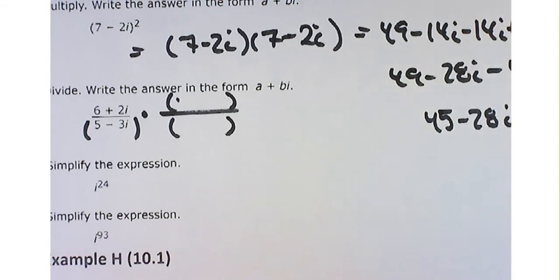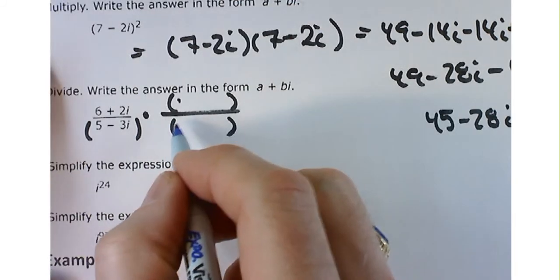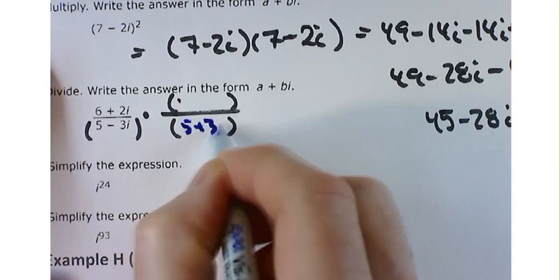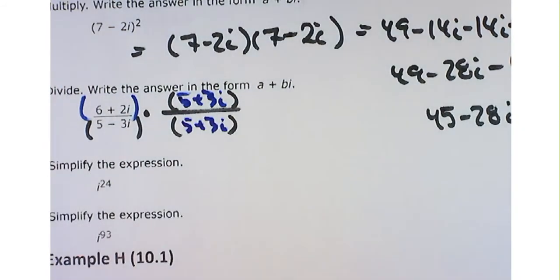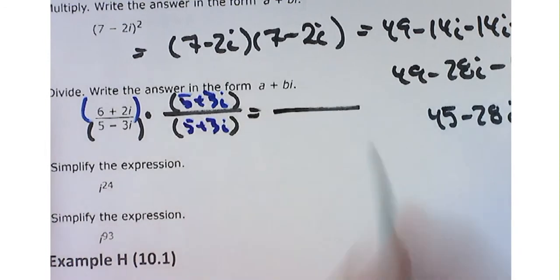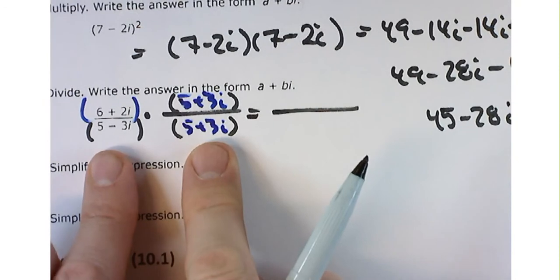So you might remember one of our earlier problems when we had a radical in the denominator. What do we multiply by? 5 plus 3i. Yeah, well done. 5 plus 3i, 5 plus 3i. And it's just a lot of FOIL work. Now, I'll let you check it and prove me right later. But in the denominator, you're going to end up with 34.